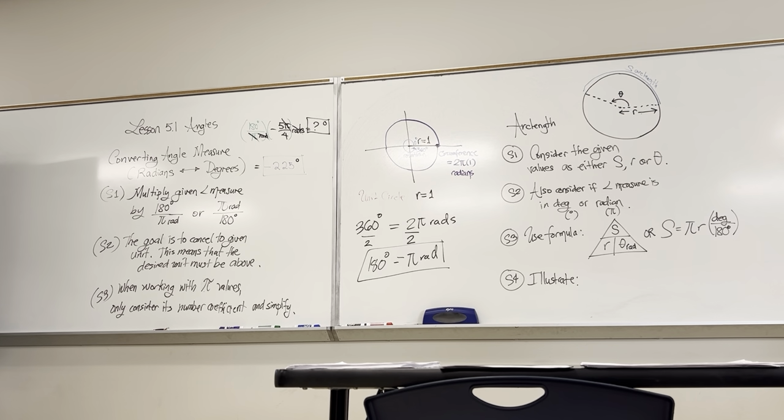So when you say negative, that means what? Clockwise rotation, right? So you always start where? At the, here we go. Annotate, there we go. Okay. So you always draw this one as what we call the initial side, right? That's your initial side.